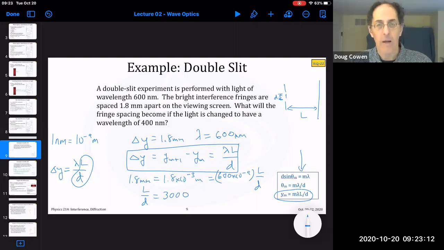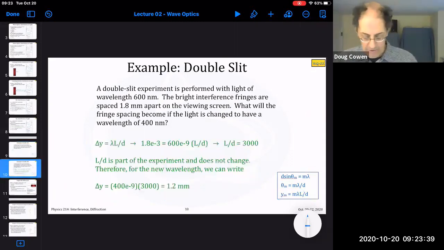So those two quantities stay the same, their ratio stays the same, and therefore what I can do, if I want to find out what delta y is for 400 nanometers, I would just put in the 400 nanometer wavelength times the L over D, which is 3000. And if you do that, the answer you'll get is 1.2 millimeters. So here, the work is shown a little more neatly.